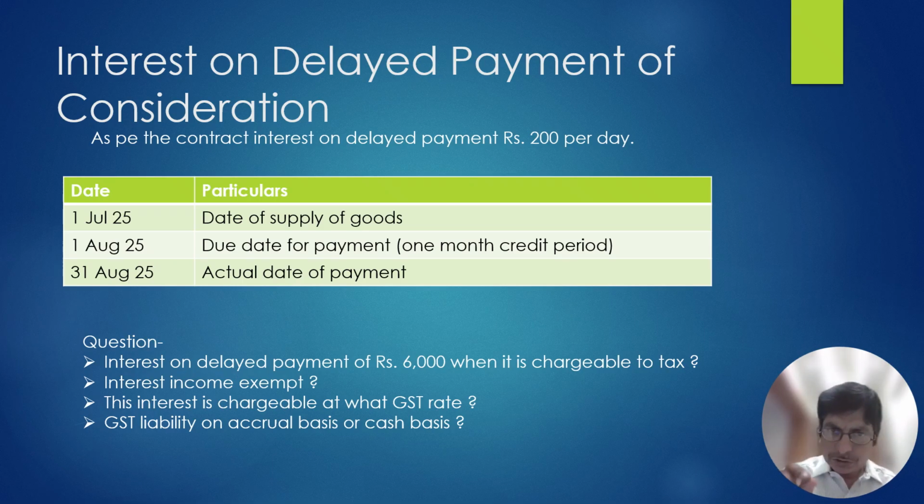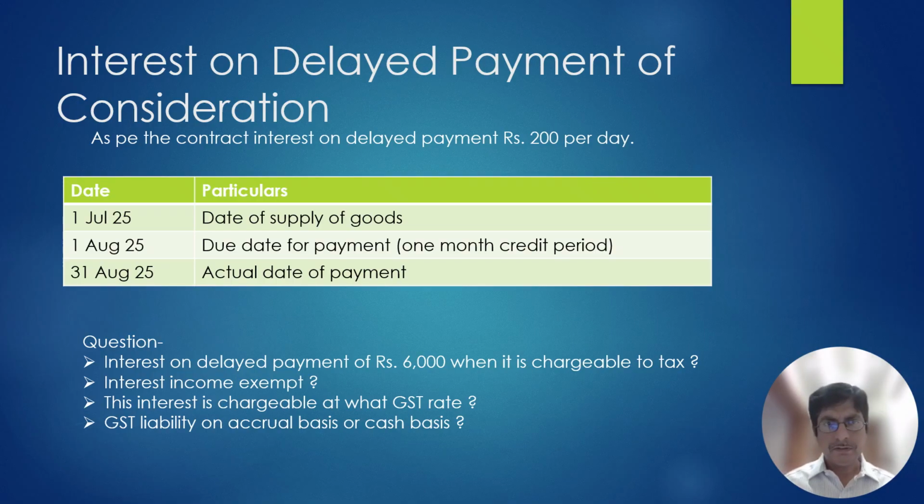So this interest does not have any independent existence, correct? The GST rate as per the principal supply of goods or principal supply of service is chargeable. Same rate applies. Same HSN of the principal supply applies.